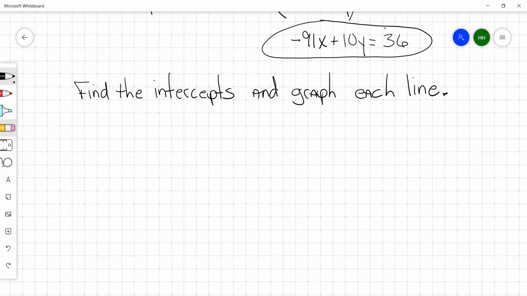So let's say that you are given an equation like 3x plus 5y equals 15.